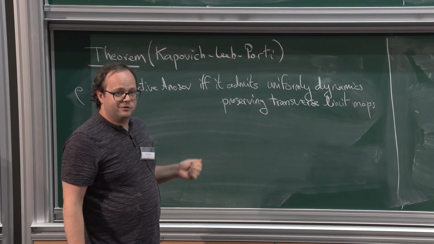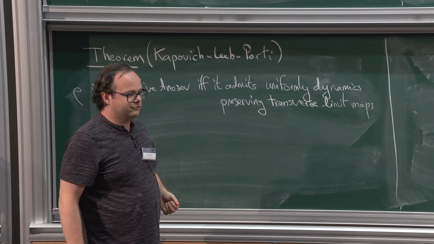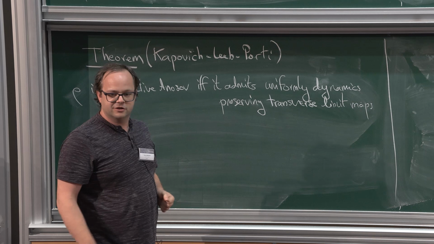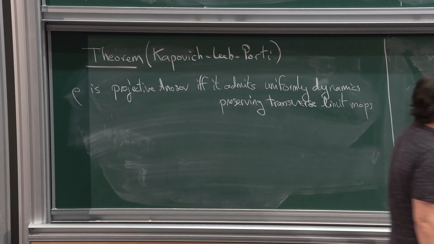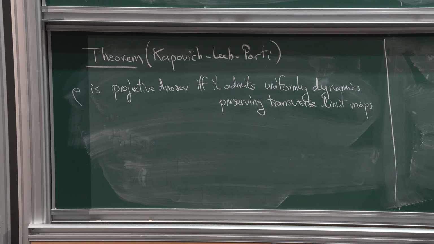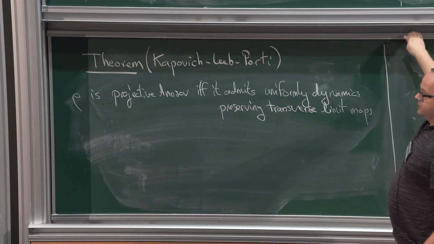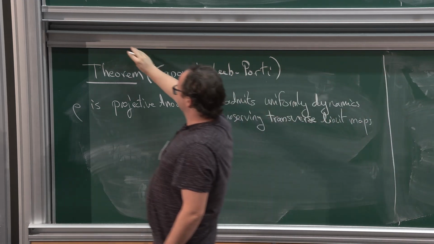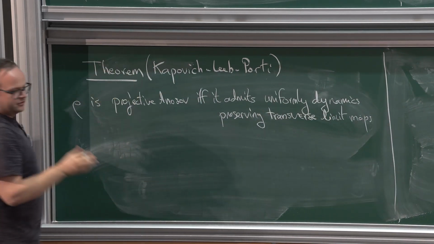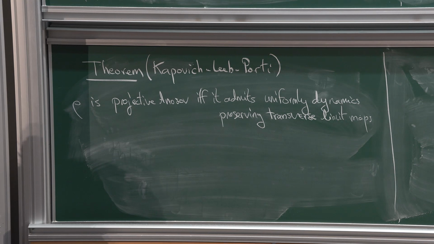But if you want to work with Anosov representations, you'll first have to understand that these other definitions allow you to construct limit maps, because that's what you'll end up using all the time. Right, and since I have several lectures, I don't need to have a definition within 5 minutes on the board, so I'm not going to be discussing these other definitions too much. All the definitions we'll use will already have limit maps in the definition.